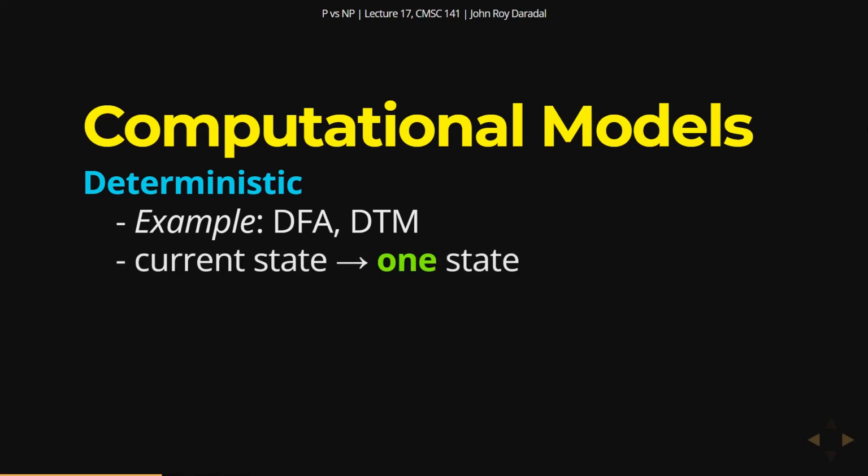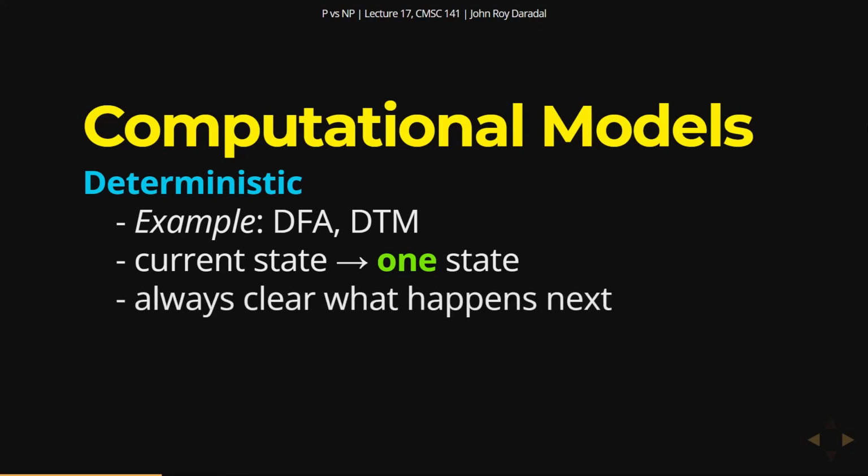So remember that for deterministic models, in the current state, you can only transition to one state. So it's always clear what will happen next. There's no guessing, because from one state you are surely going to the next state according to the transition.